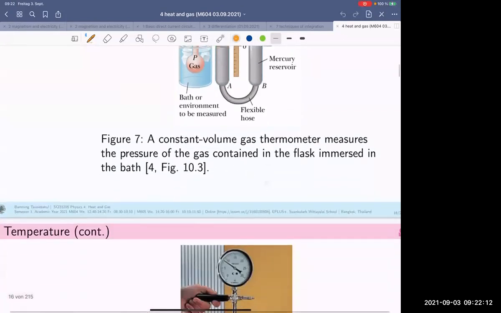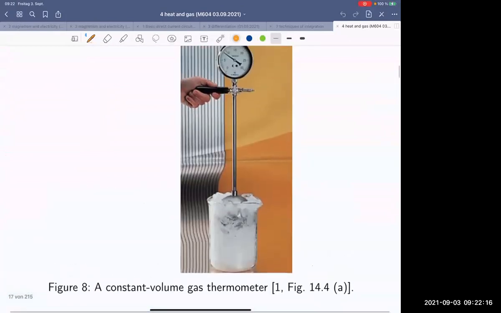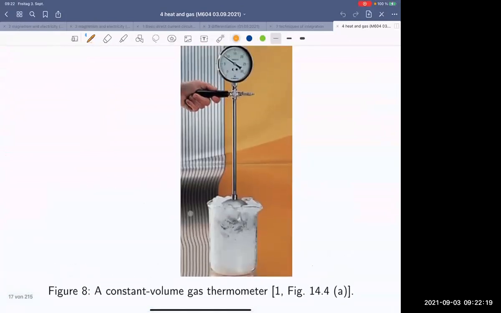Right, yeah, there is also another thermometer which uses that idea. Okay, it's called constant volume gas thermometer. Like this. Okay, you can even measure the ice, anything that has really extreme temperature.